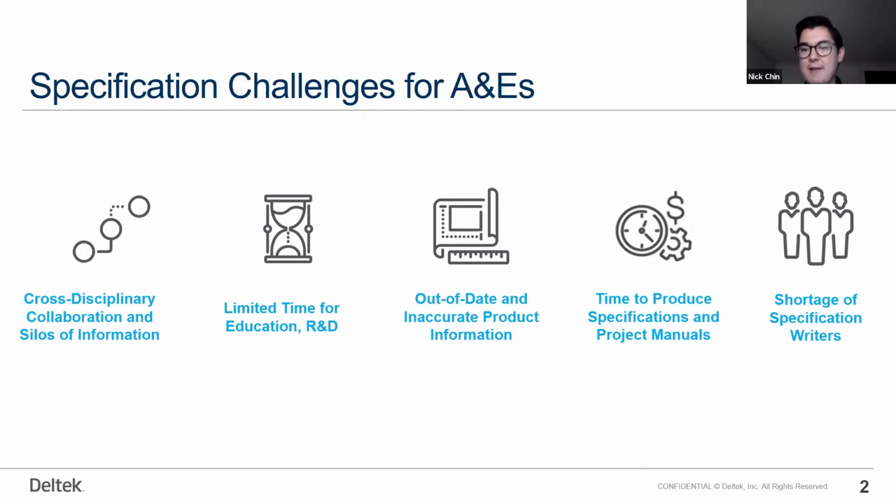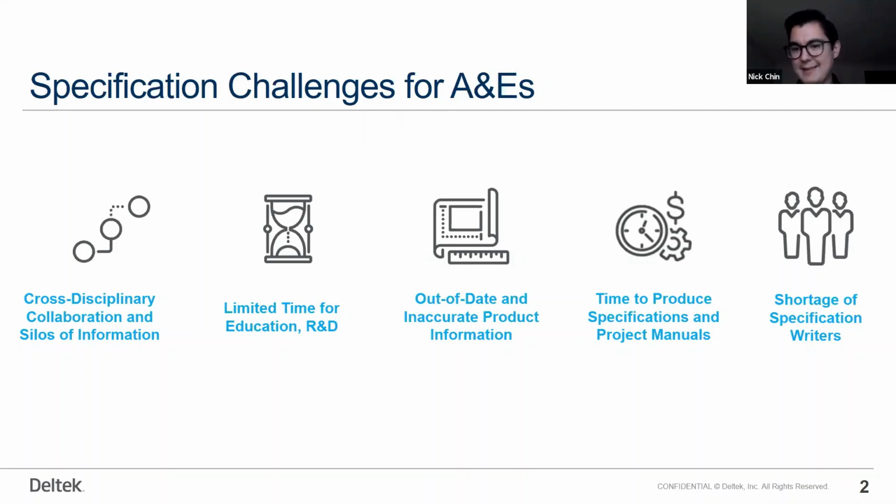Secondly, the limited time available for education and research and development for specifications, along with the difficulty of keeping up with the sheer volume of products and their ever-evolving properties and standards. That is something that takes a lot of time for people to understand. For those that are less familiar with specifications, how exactly to go about approaching specifications, and again, just having a better way to access product information from manufacturers was something that we're seeing as well.